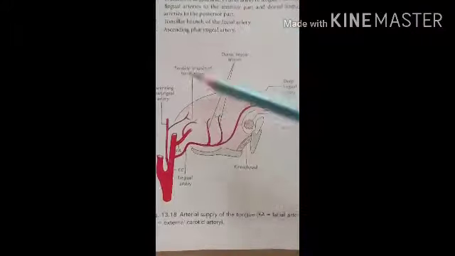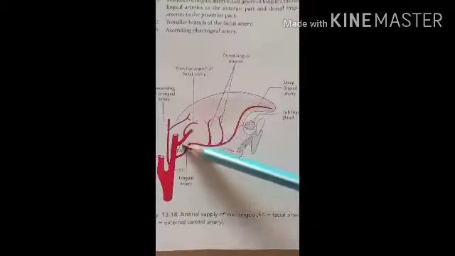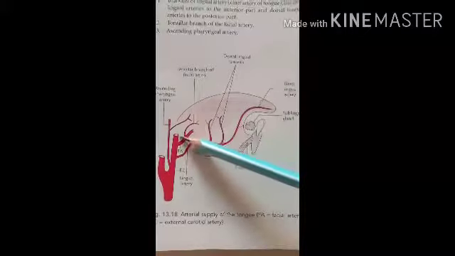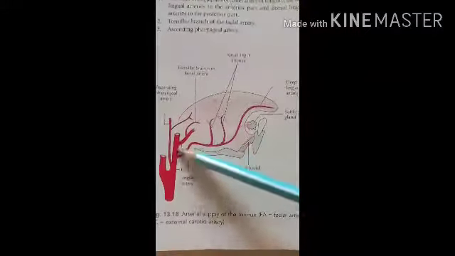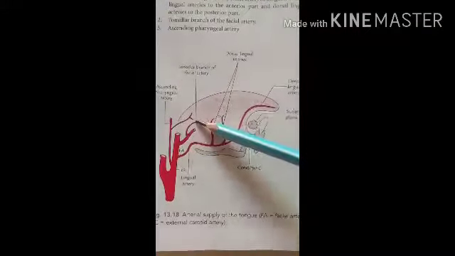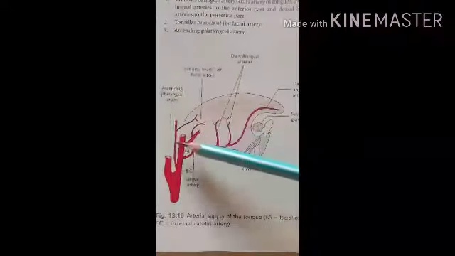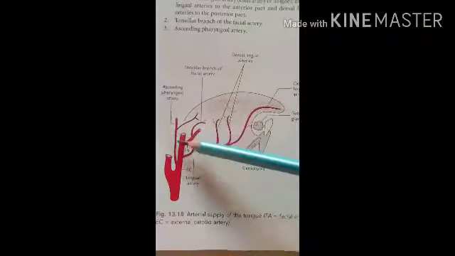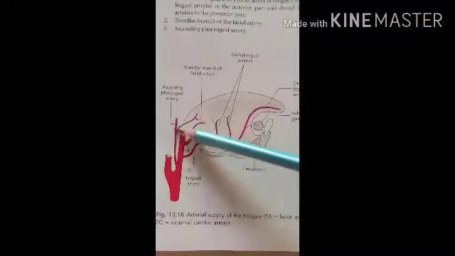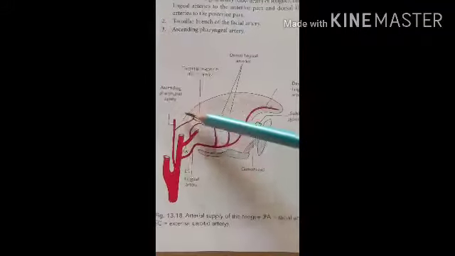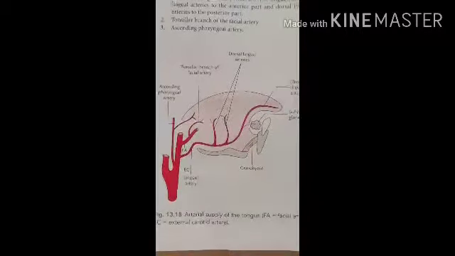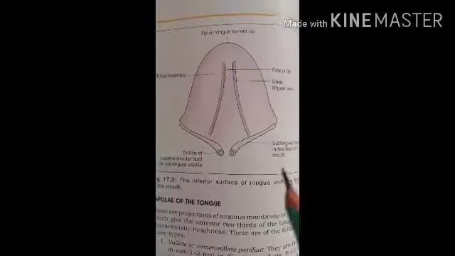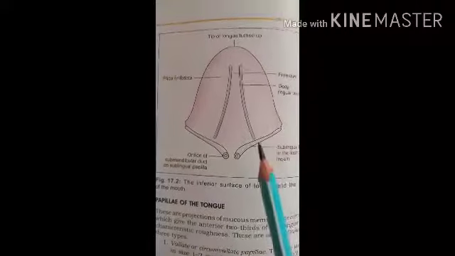Then the third is the tonsillar branch of the facial artery, and the facial artery is also a branch of the external carotid artery. Then the ascending pharyngeal artery, which is also a branch of the external carotid artery, supplies the posterior part of the tongue.